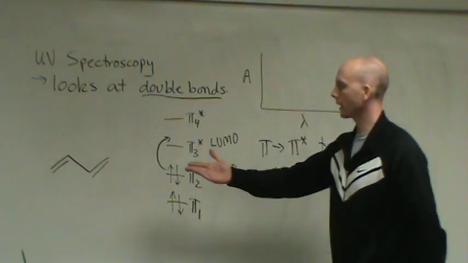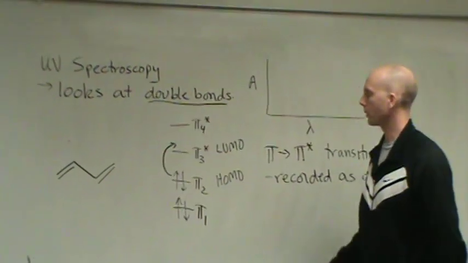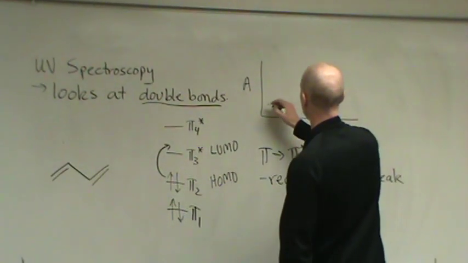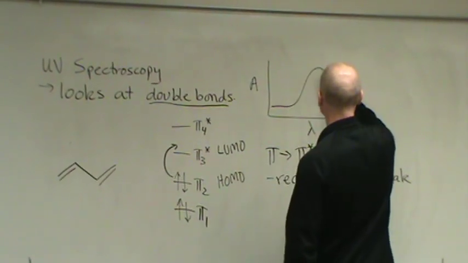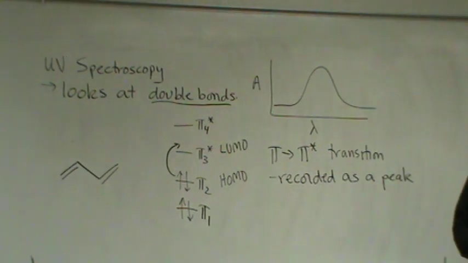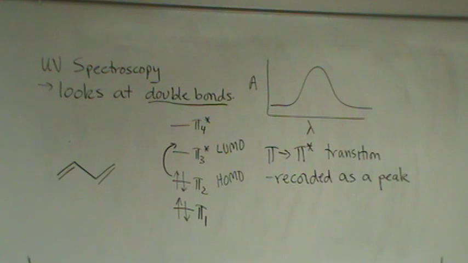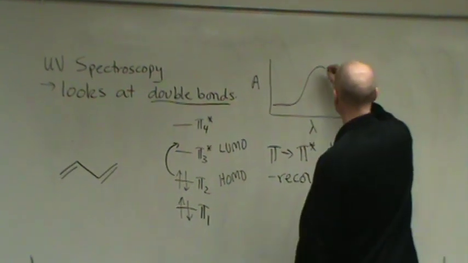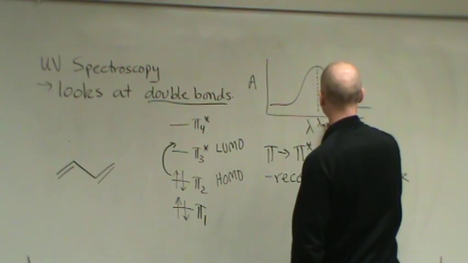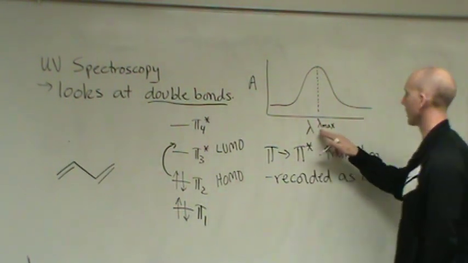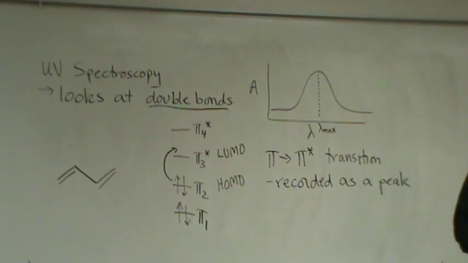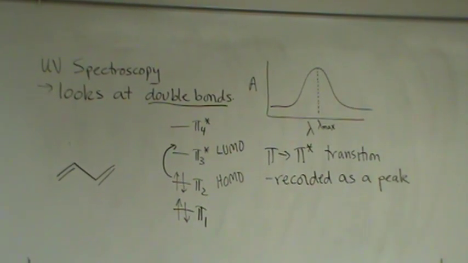But suppose we did 1,3-butadiene in the UV spectrometer, we might see something like this. That's the way these peaks generally look, like a blob. And we record that peak at what is called lambda max, which is simply the highest part of that peak.